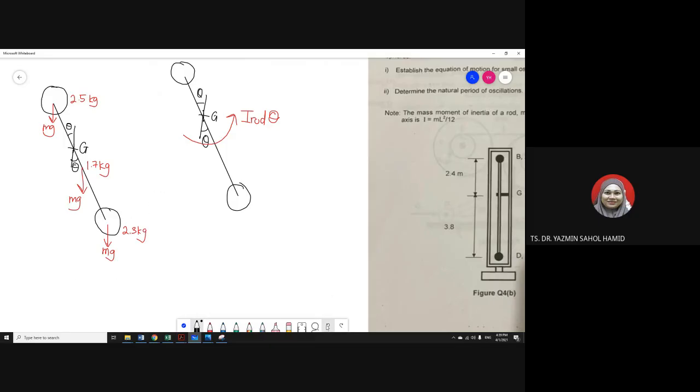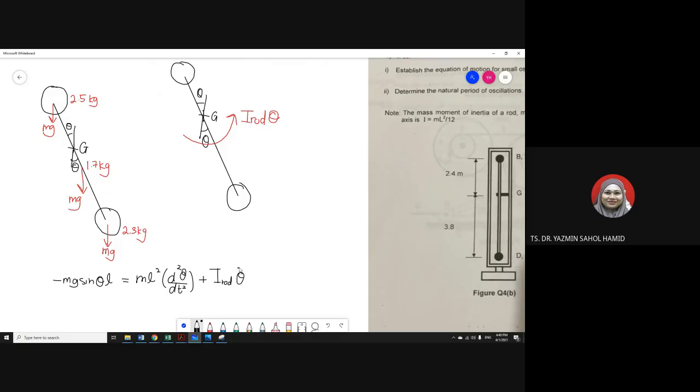Let me write the equation. Negative mg sine theta L equals ml squared d squared theta over dt squared. And then you need to add the rotation of the rod.